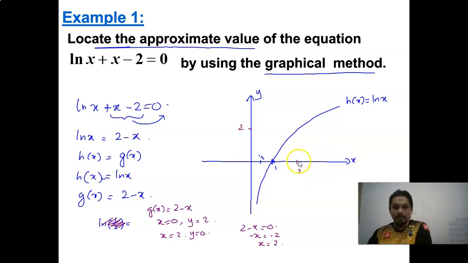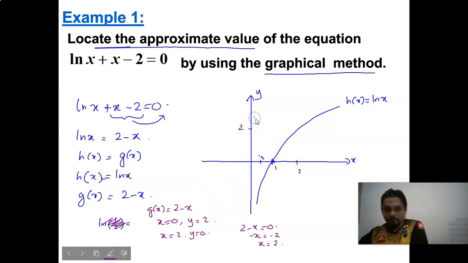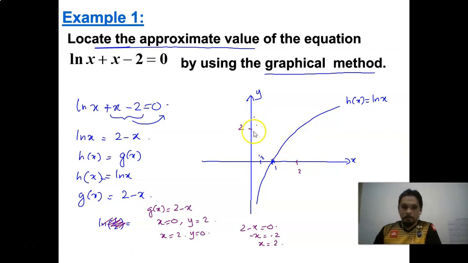Okay, something like this. This is the line of g(x) equal to negative x plus 2, or 2 minus x.